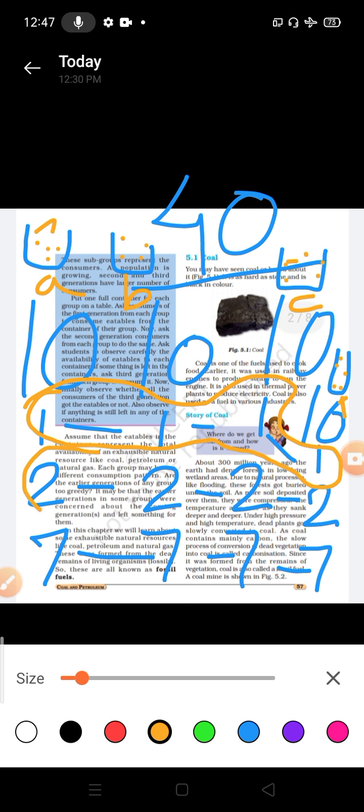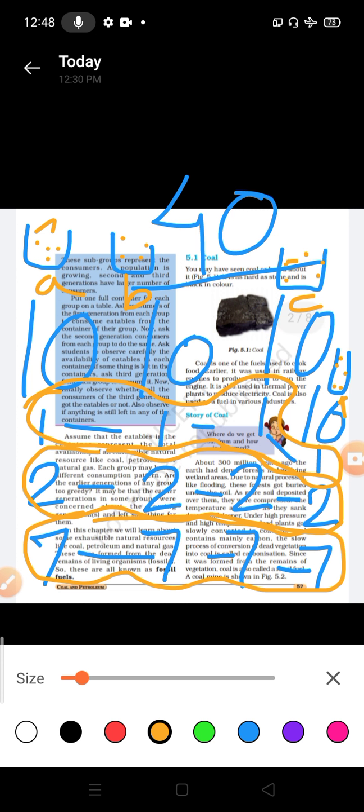Now the turn comes for the second generation, and according to their convenience or demand they also consume popcorn from the containers. So what do you think, will anything be left in these containers for the third generation? It is very difficult to give edibles to them also. The same thing happens in our nature.